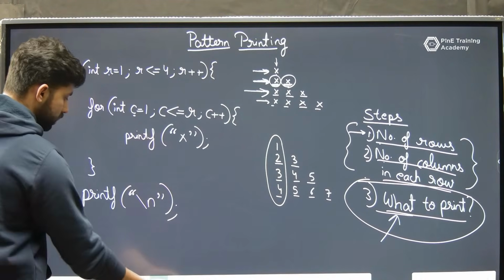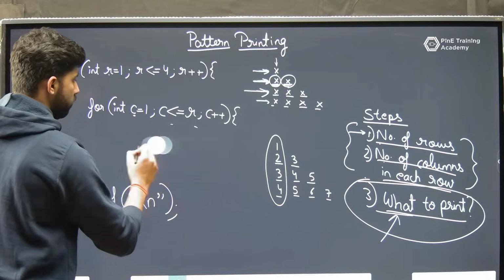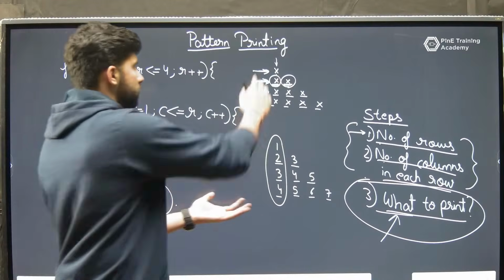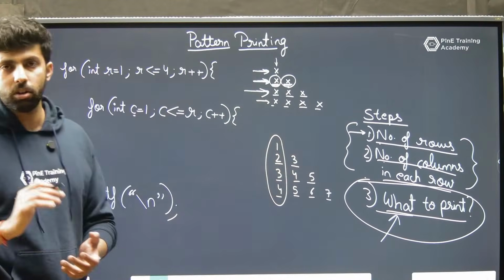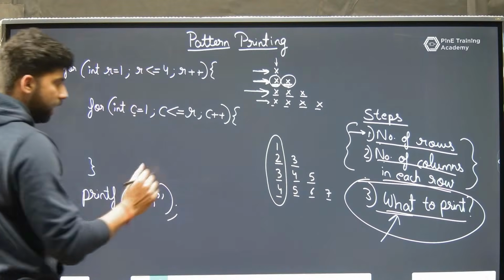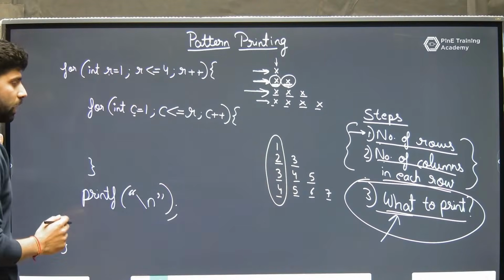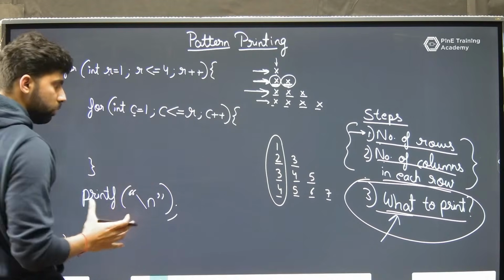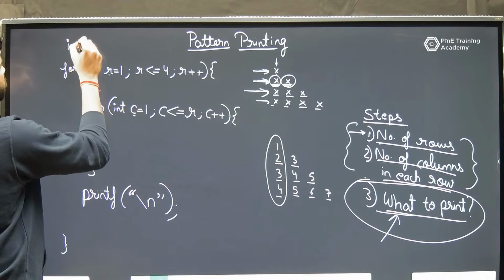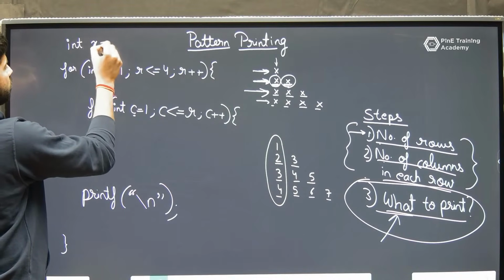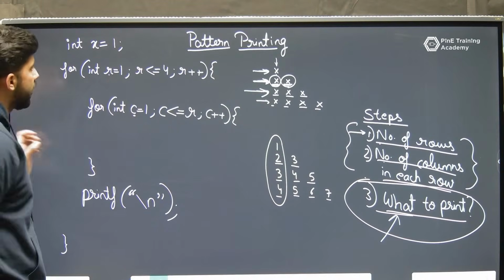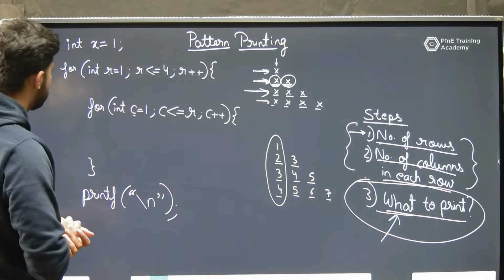So what I'll do is I'll just remove this print statement and I'll keep everything same because we have same shape. We will not change anything. But now we are printing a number. If we are printing a number, what we can do is I can take another variable first, right?